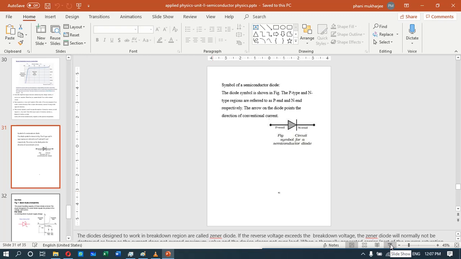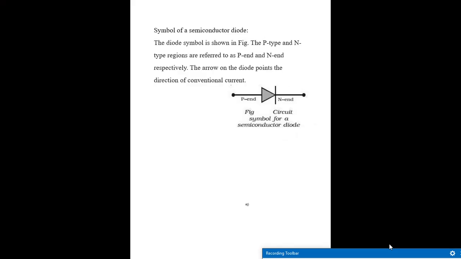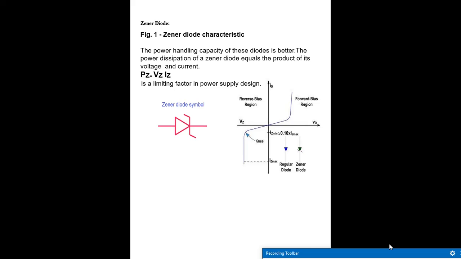So this is how a normal semiconductor diode is represented in symbolic format, where we have a p-type and an n-type, and this is the symbol of a normal semiconductor diode. But in a Zener diode, we have a Z-shaped symbol, represented in this way, and this is a diagrammatic representation, along with the I-V characteristic given here. In forward bias, before the knee voltage there is not much change in the current, but after the knee voltage there is a huge change in the current, going positive parallel to the y-axis in the forward bias region.